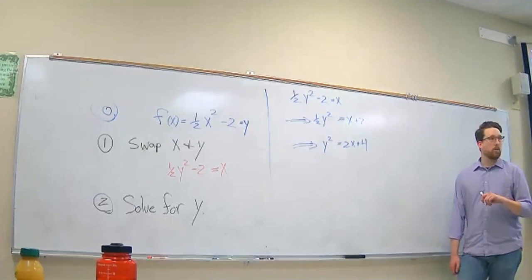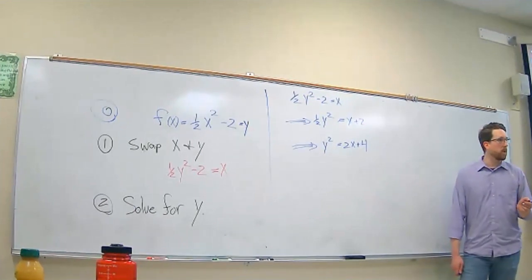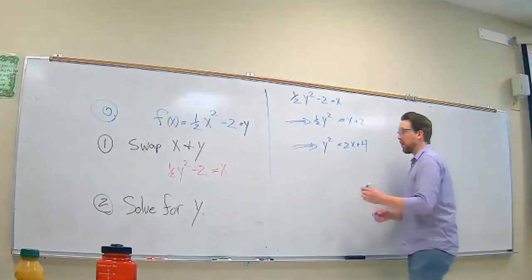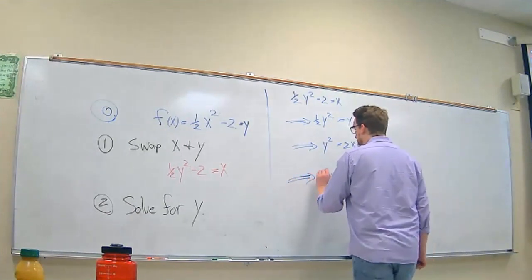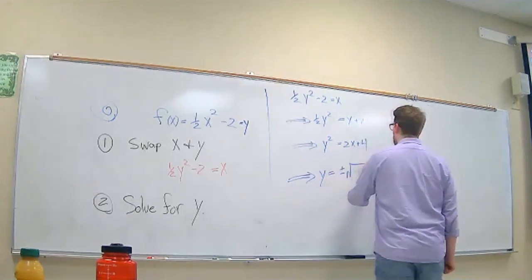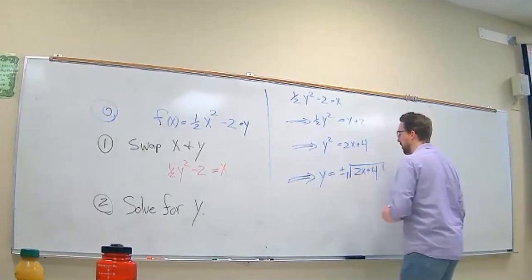Now we would take the square root. But we can't just take the square root, can we? The square root technically has 2 different parts, right? This tells us then that y is equal to plus or minus the square root of 2x plus 4.